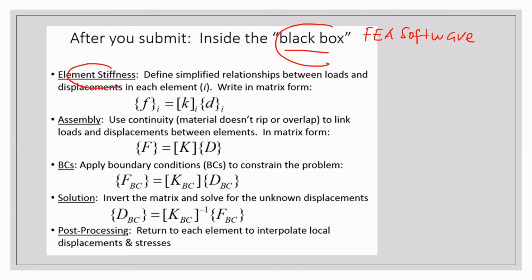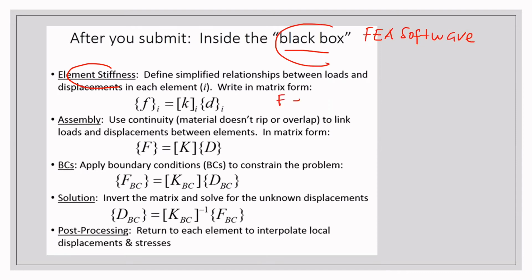The simple relationship is that we have some forces acting at a point on the element, and they are related to the displacements of the same point by the stiffness of the element. So F equals K d is the basic equation.